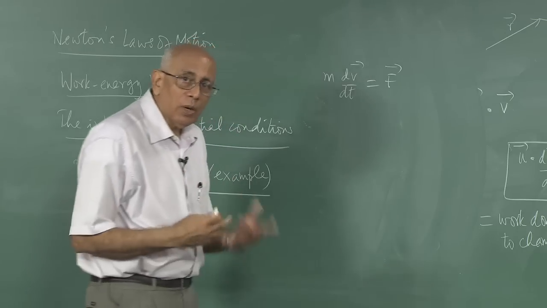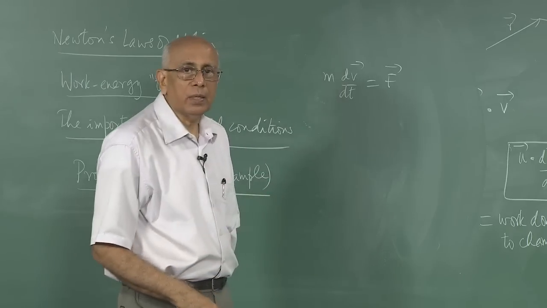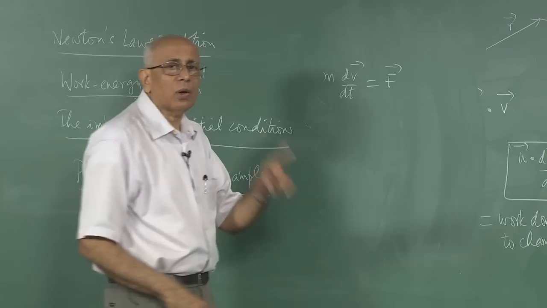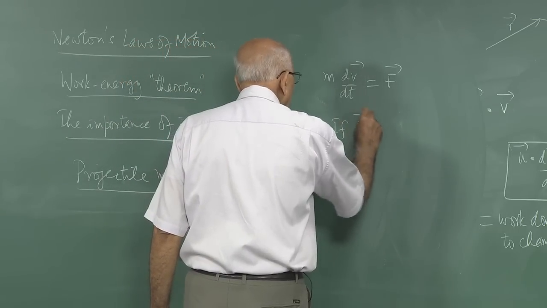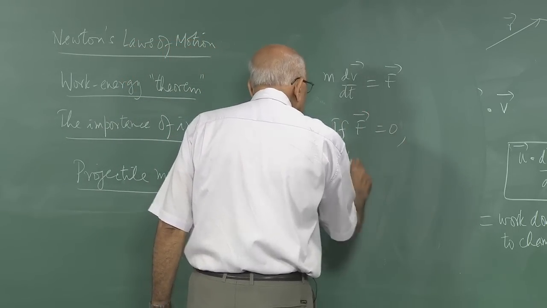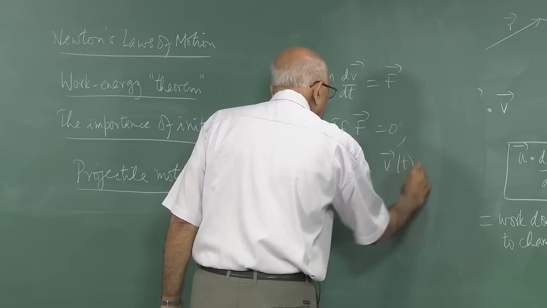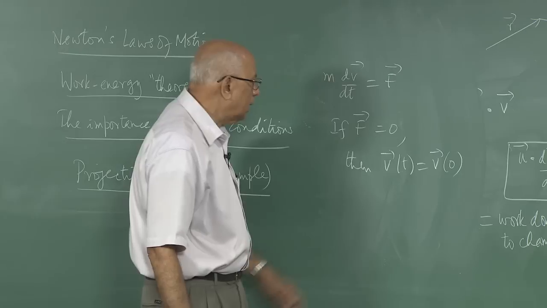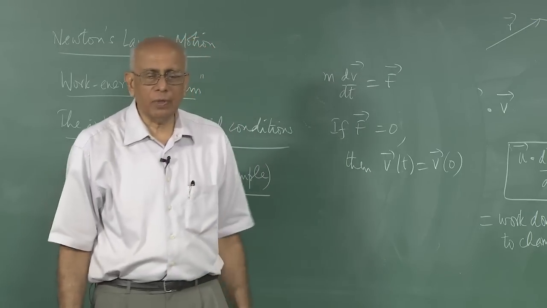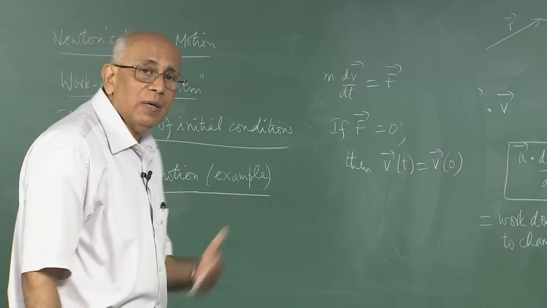Now if the force on the body happens to be 0, then it says the acceleration of the body is 0, which says the velocity is a constant. So if f equal to 0, then v of t is equal to v of 0. Whatever was the initial velocity will persist for all time if the force happens to be identically 0 at all times. But that is the first law.